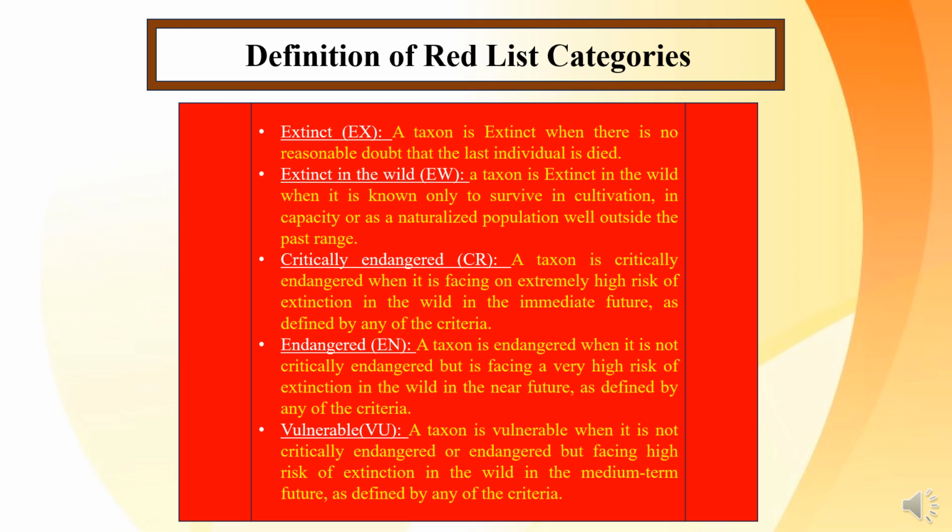Least concern is when it has been evaluated against the criteria and does not qualify for critically endangered, endangered, vulnerable or near threatened. And data deficient: a taxon is data deficient when there is inadequate information to make a direct or indirect assessment of its risk of extinction based on its distribution and/or population status.